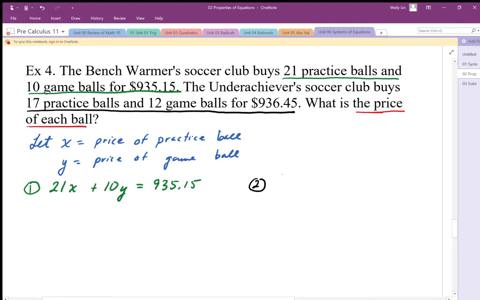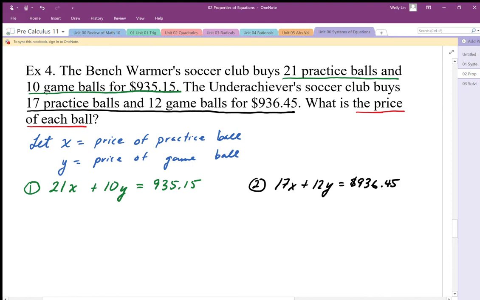I can write this as 17 times the cost of the practice balls plus 12 times the cost of the game balls, and that should add up to the total cost for that club. So there it is. I have my two relationships and my two variables.